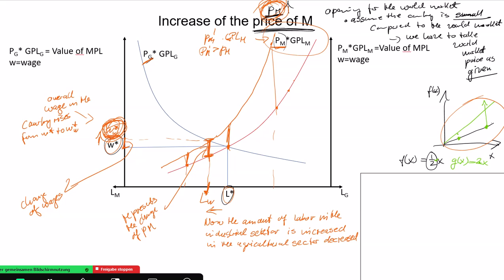we see that this absolute change here is larger, or has to be, due to the downward sloping of the curve, larger than the increase of our wages.